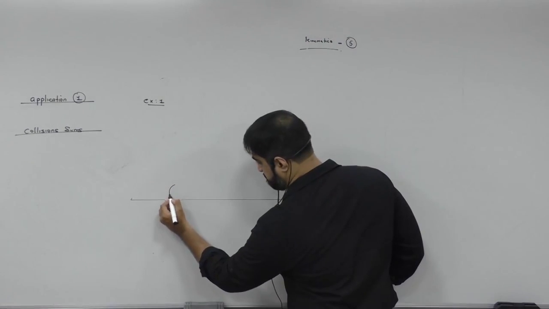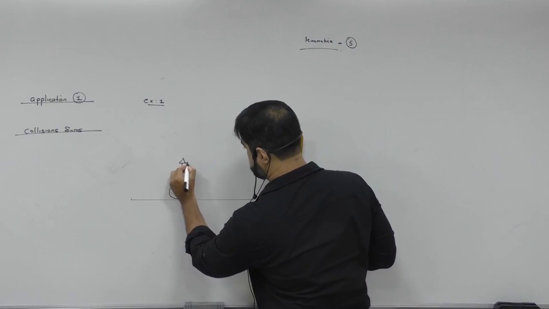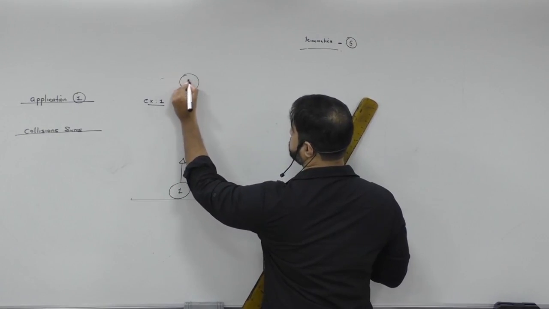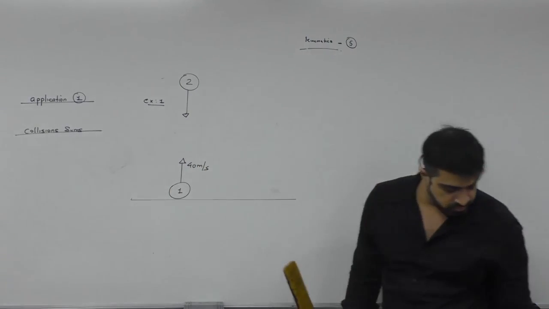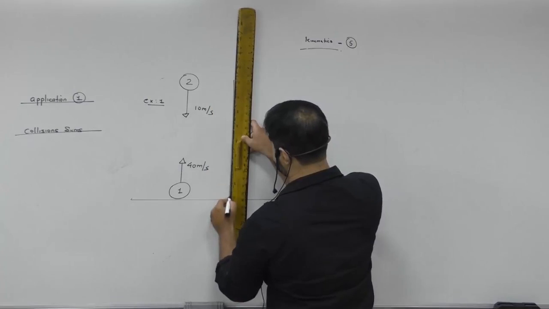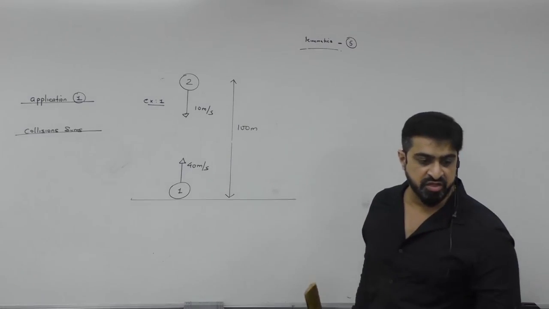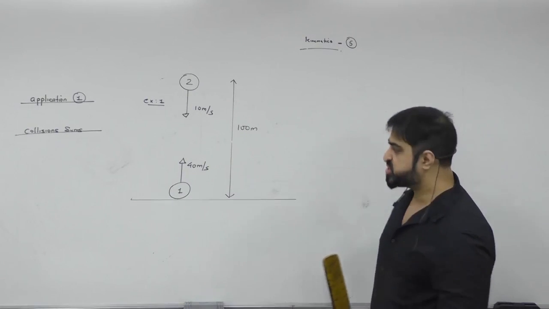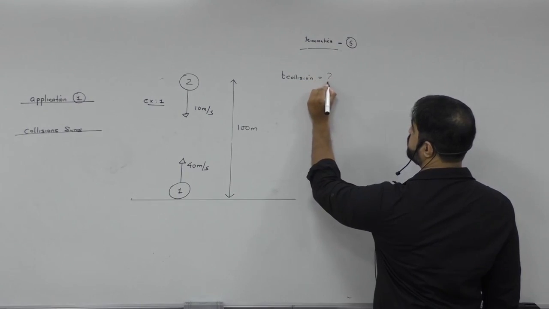There is a first body going up with 40, and a second body coming down with 10 meter per second. The distance between them is 100 meter. Question is, what is the time for collision? Find the time when they collide.